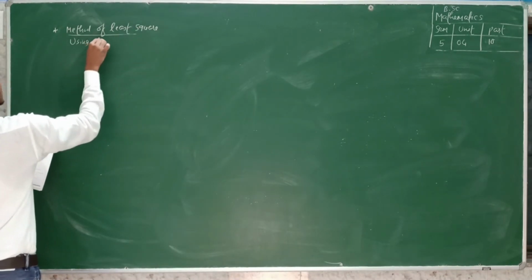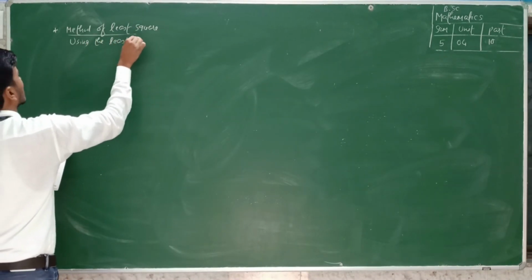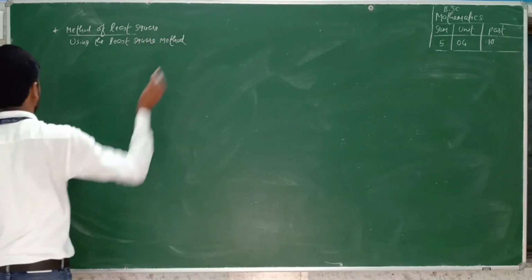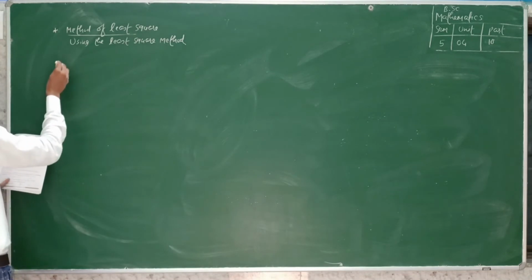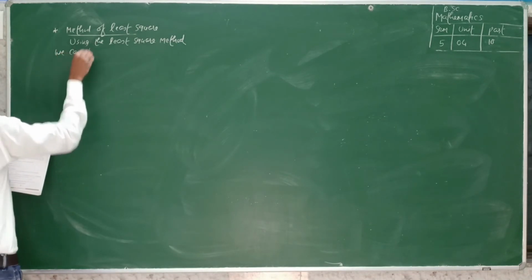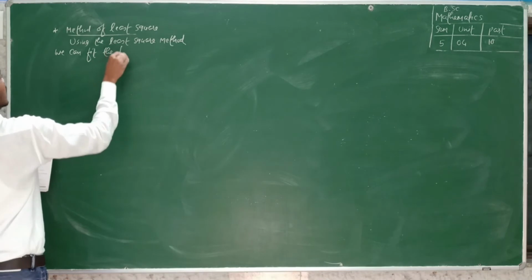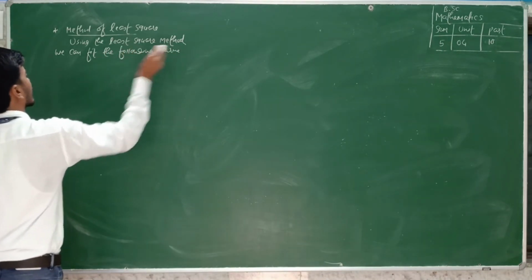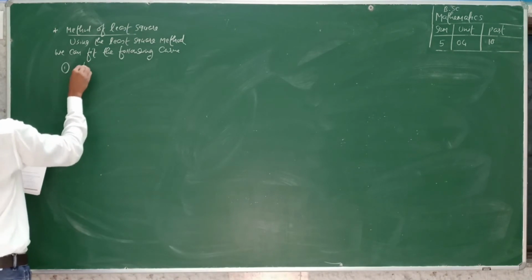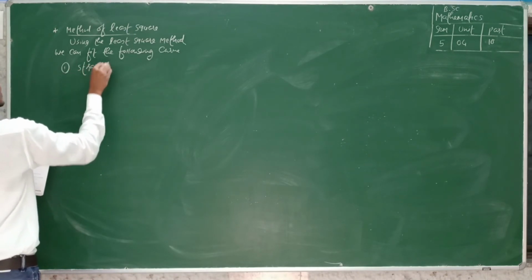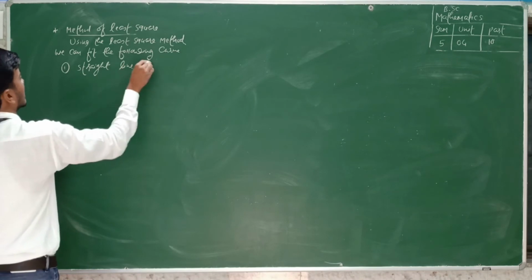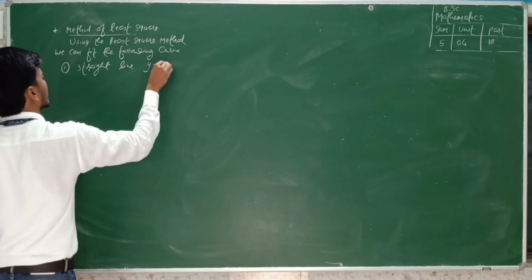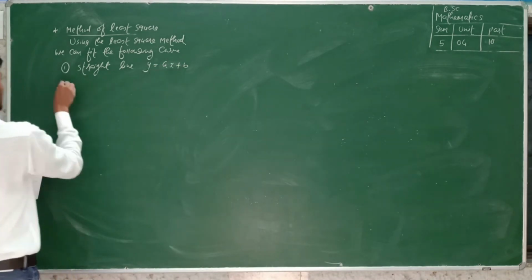So, using the least square method, we can fit the following curves. We can fit the straight line equation, y is equal to ax plus b, or mx plus c.